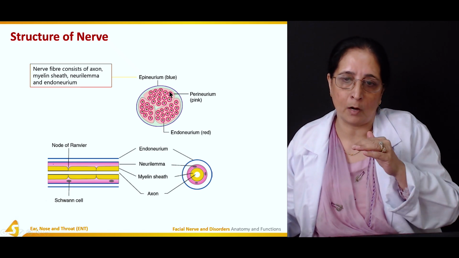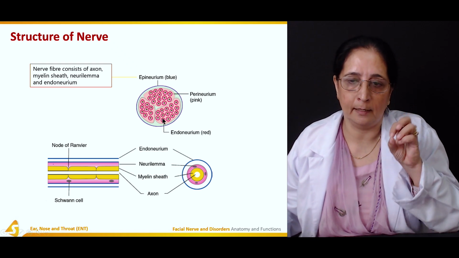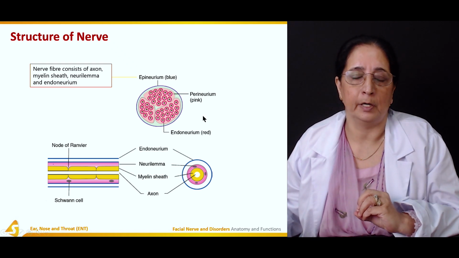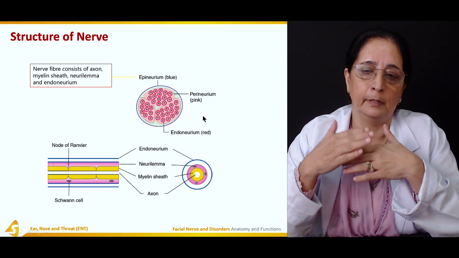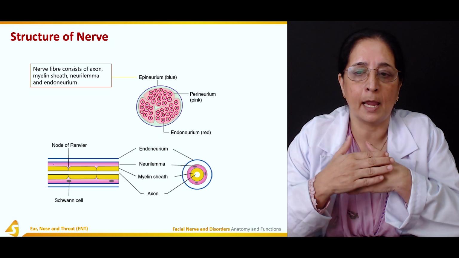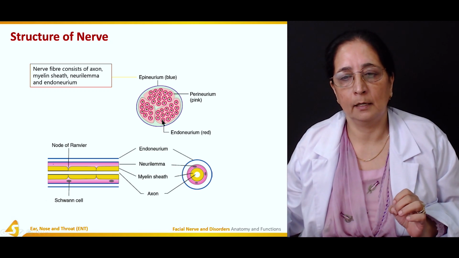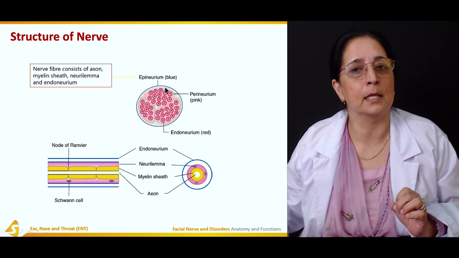Peri means around. Endoneurium is the inner layer, and then epineurium. So three layers of the nerve: perineurium, endoneurium, and epineurium. Endo is the inner, peri is around, and epi is outer.